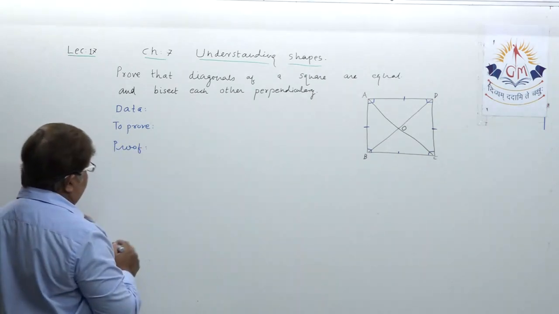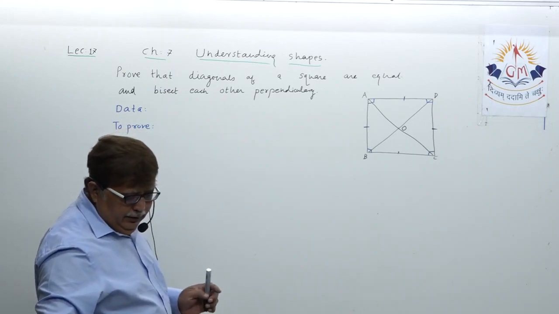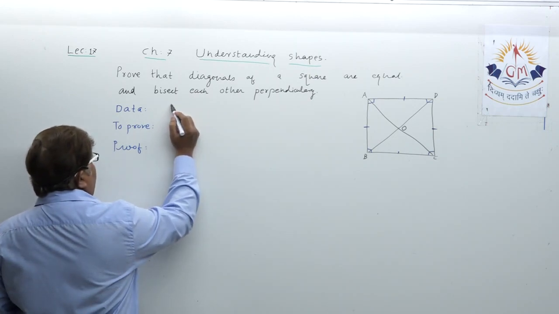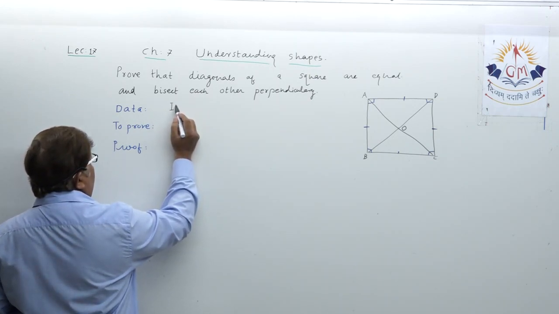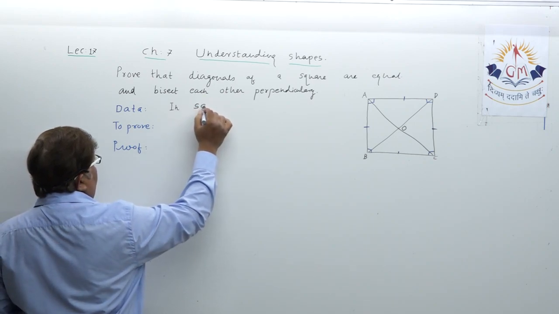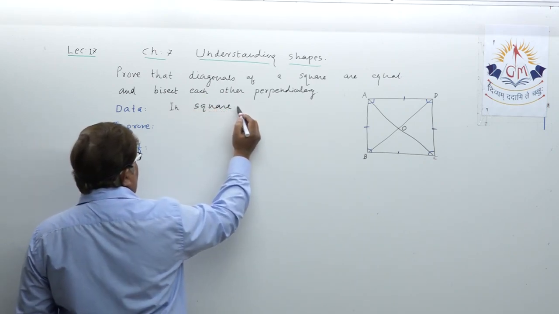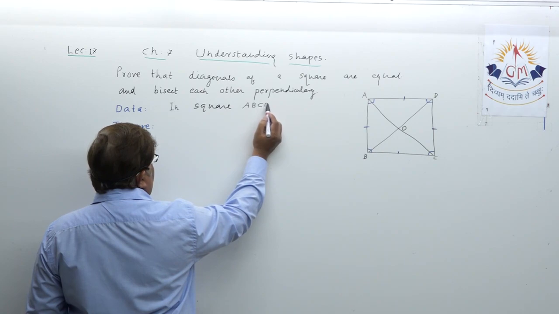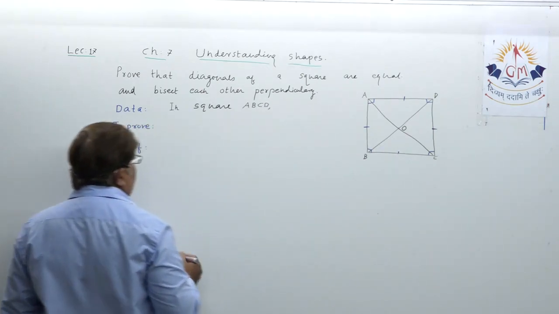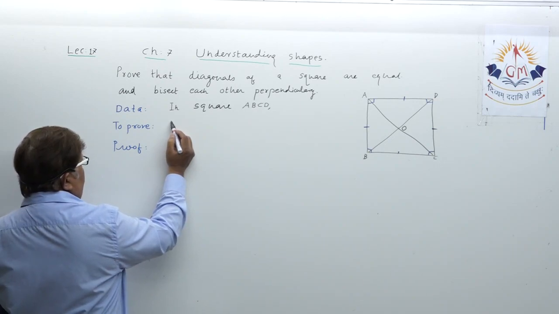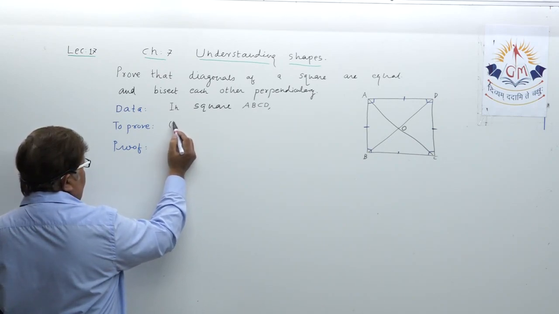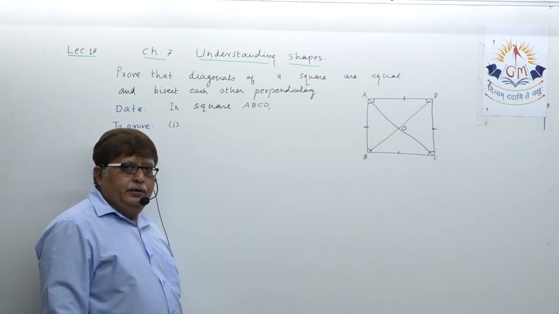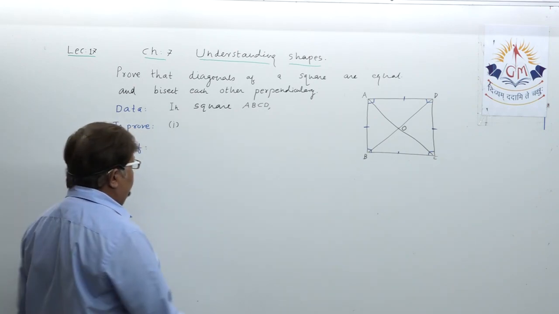Okay, what we are writing in data, so in square ABCD, in square ABCD, what are you going to prove? Let us list out the three properties of square which we are going to prove.